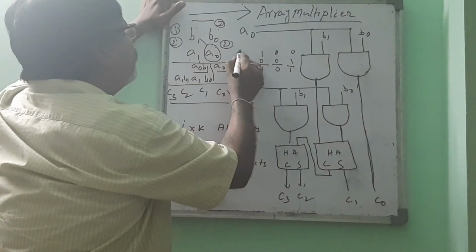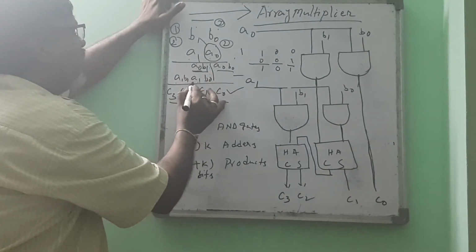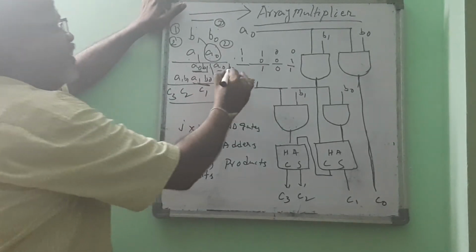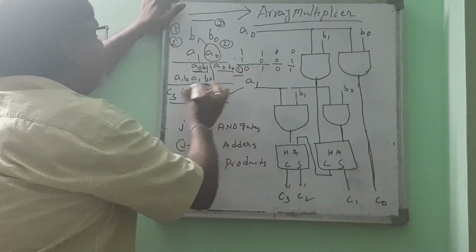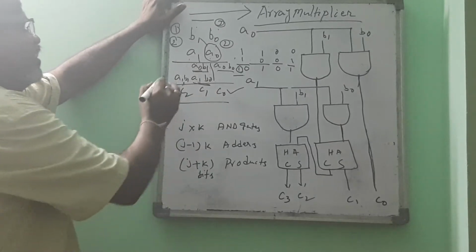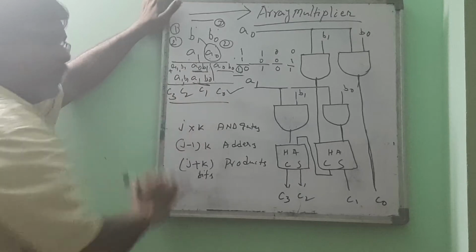But here if A0, B1 is 1 and A1, B0 is also 1, what will happen? 1 plus 1 is 0, and there is a carry, you will get 1. This carry is forwarded to this position, and here A1, B1 plus 1 must be added.